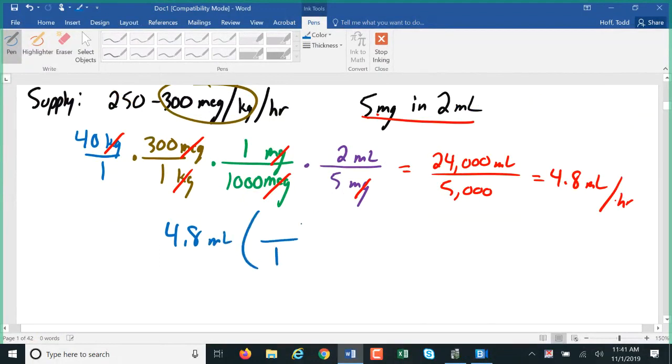This was calculated per 1 hour. We're going to take it to 12 hours: 57.6 milliliters over 12 hours. It's our max dose.